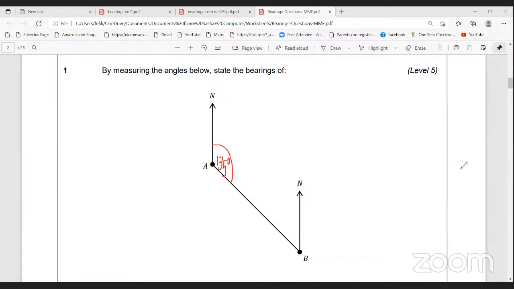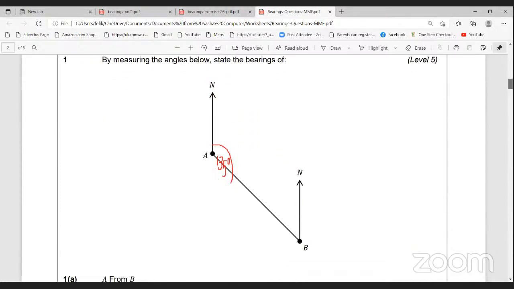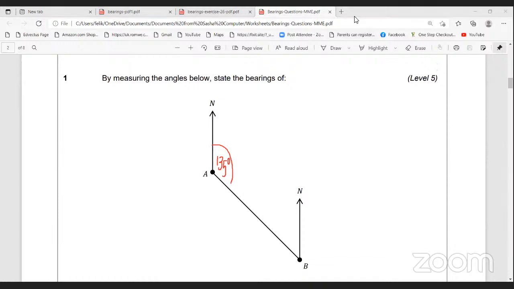Given that you're not able to measure it, I put in the angle. I said it's 135 degrees.